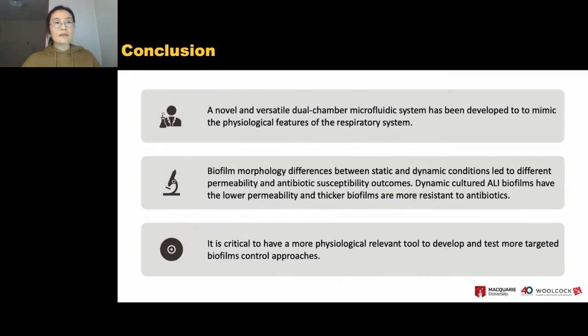And our study has found that airflow has impact on biofilm structures, and due to structure difference in biofilm between static and dynamic conditions, there are differences in antibiotic susceptibility outcomes, and dynamic cultured biofilms have lower permeability and are more resistant to antibiotics. Overall, our study suggests that it is crucial to have a more physiologically relevant model to develop and test more targeted biofilm control approaches.